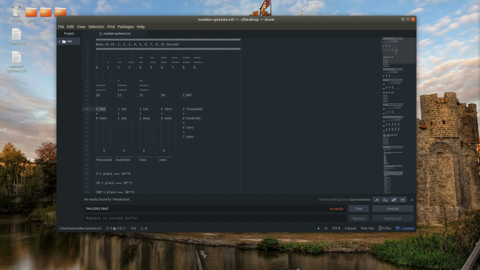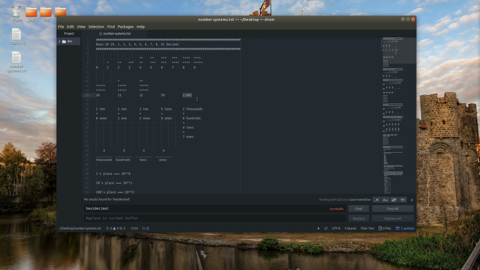So this is 1 ten plus 0 ones, and that means 10 of these objects. 11 objects, we have 1 ten and 1 one. 12, 1 ten and 2 ones. 59, I didn't draw the objects here, but that's 5 tens and 9 ones.